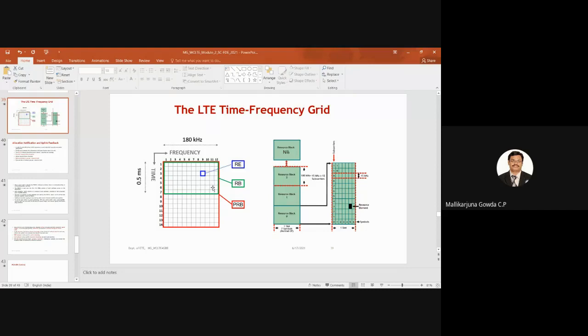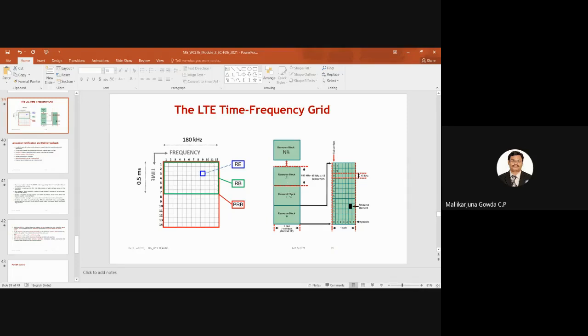So what I said is 12 subcarriers with 7 OFDM symbols. So this is one resource block that will be allocated in the downlink to the user equipment. So, 84 resource elements, and these resources are allocated to the users in units of this resource block.